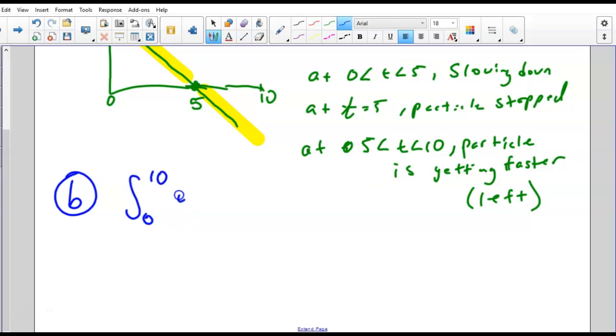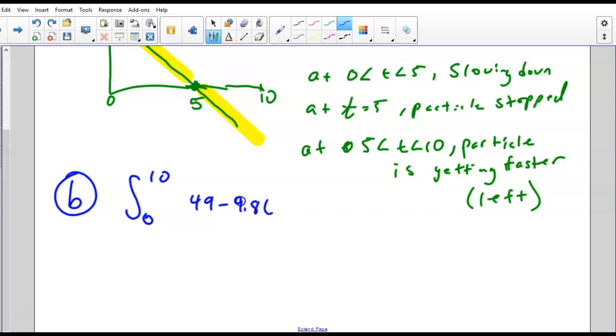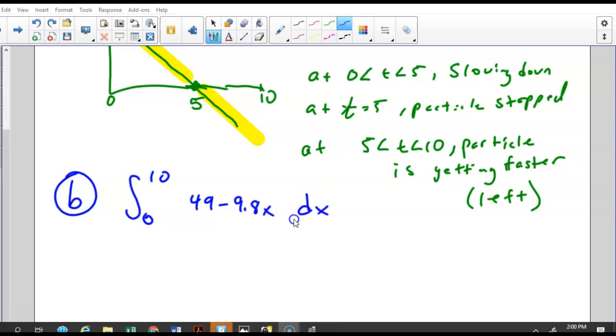So the integral from 0 to 10 of 49 minus 9.8x dx.